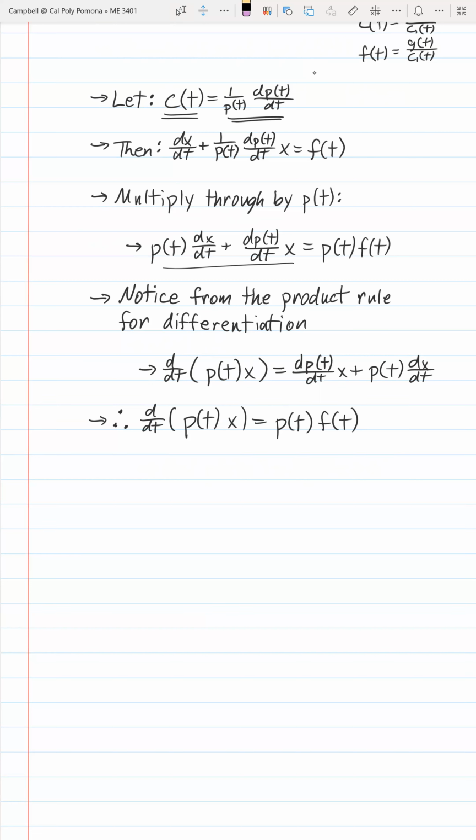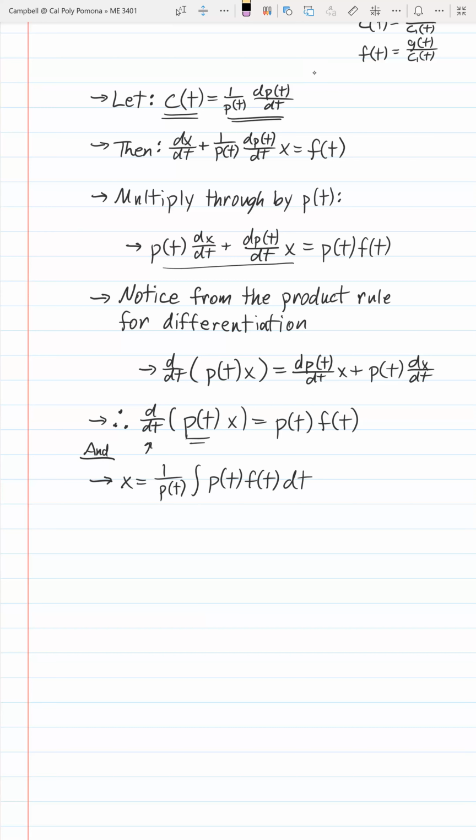And so going ahead and integrating both sides, we get rid of the d/dt, and then taking p of t over to the other side, we solve for x, which is what we want to find. So there we go, we have our solution. x is equal to 1 over p of t times the integral of p of t times f of t dt.